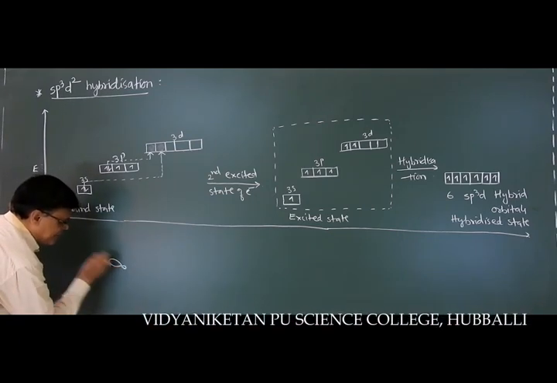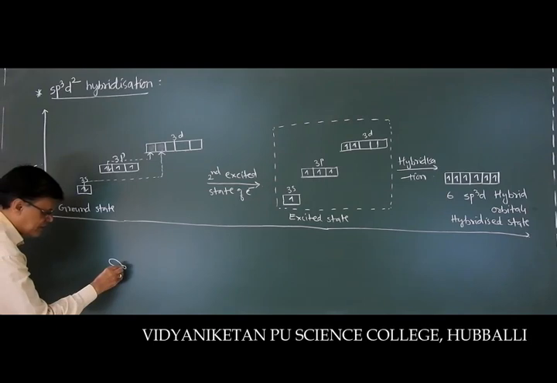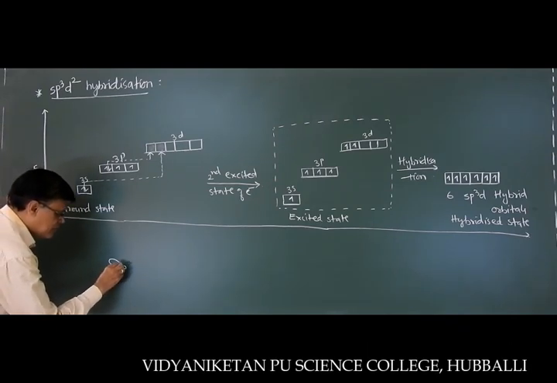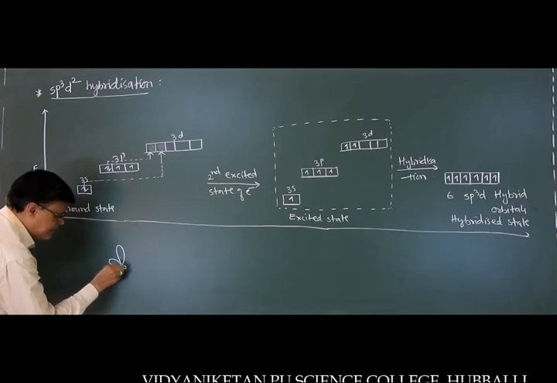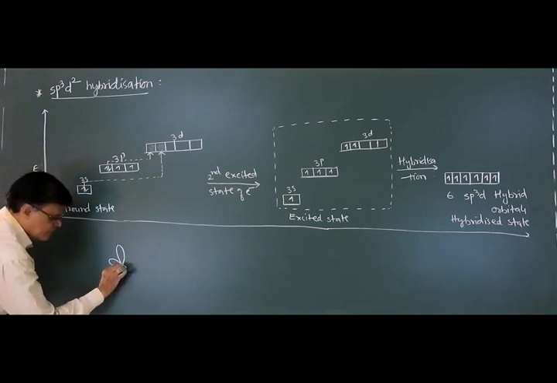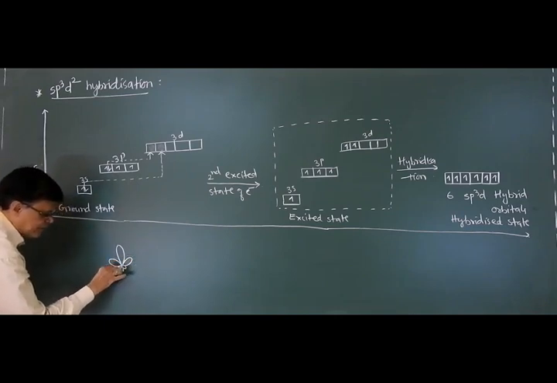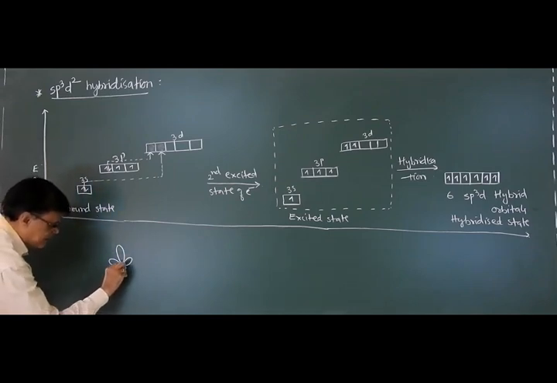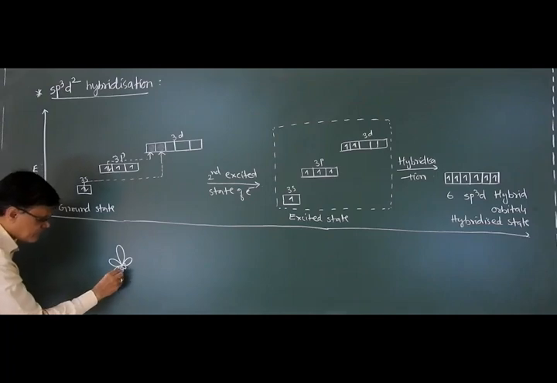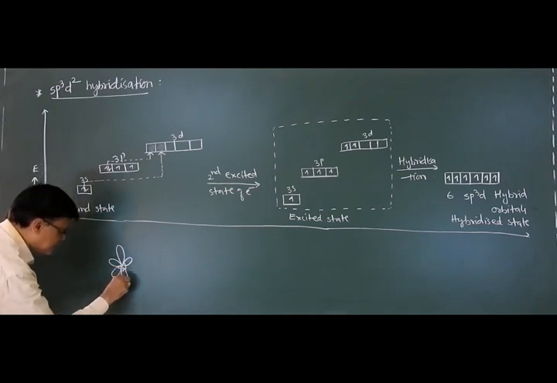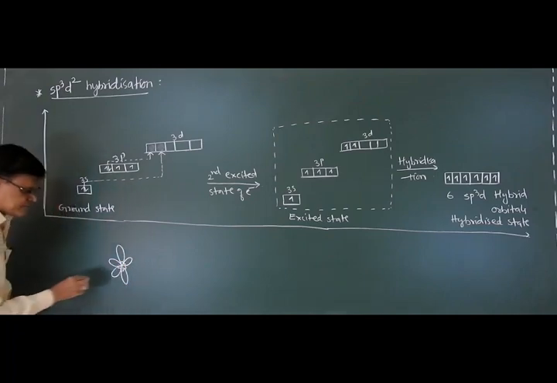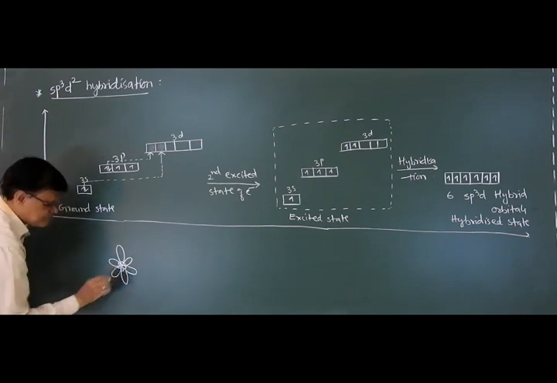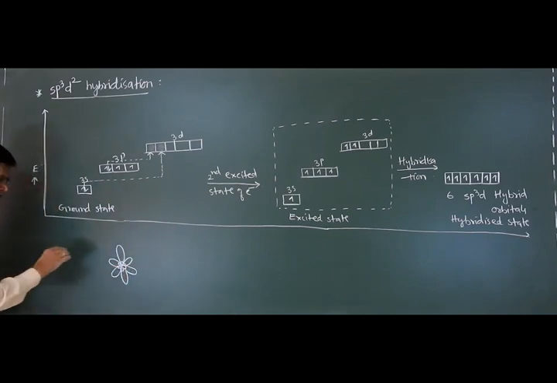This is one hybrid orbital. Clear? This is another hybrid orbital, another, another, another, and another. Clear?